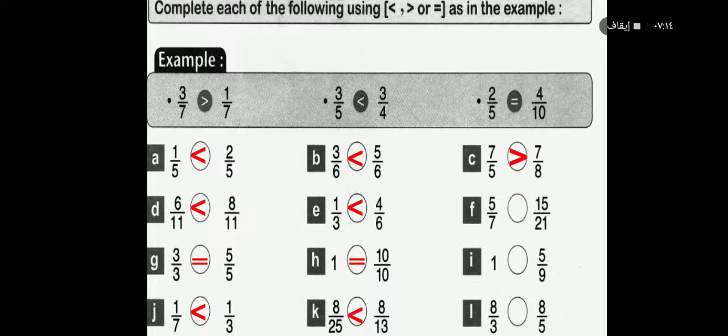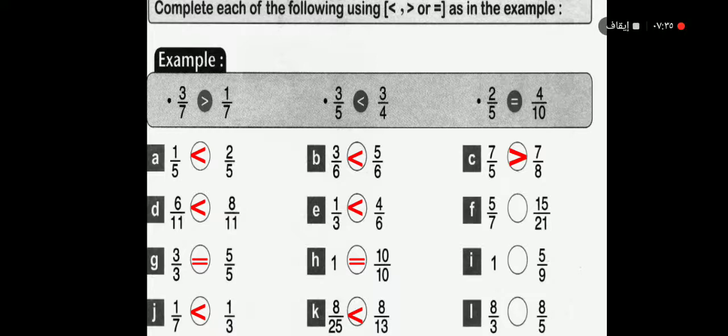Example F. 5 over 7 or 15 over 21. What do we do? We must simplify 15 over 21.